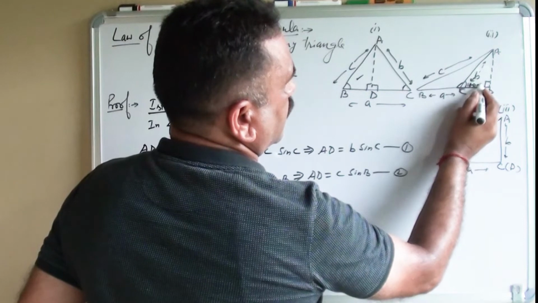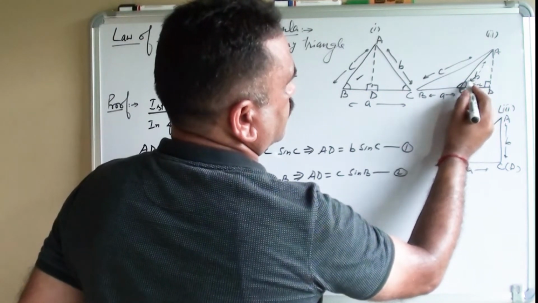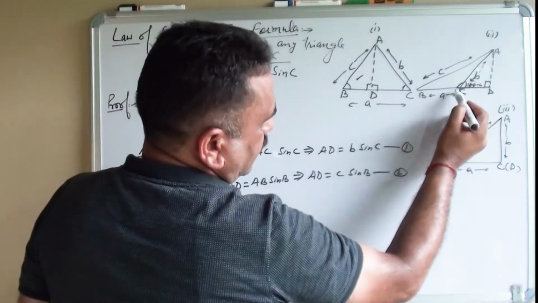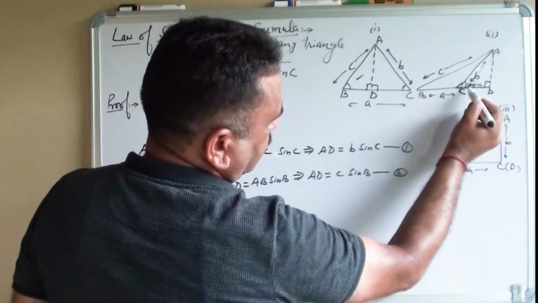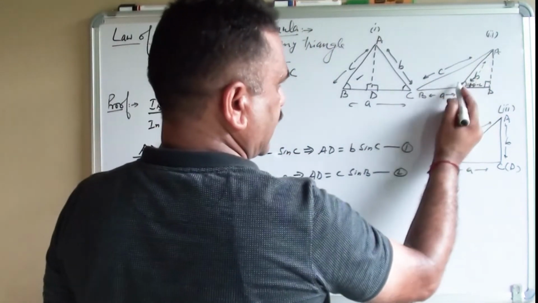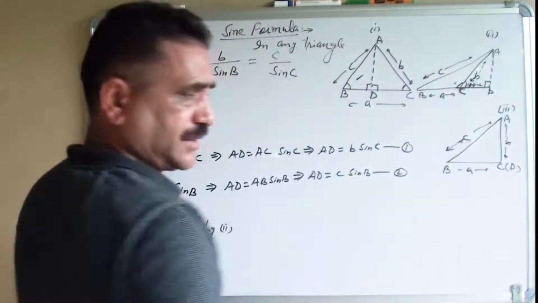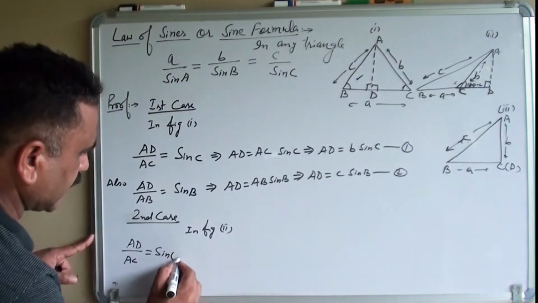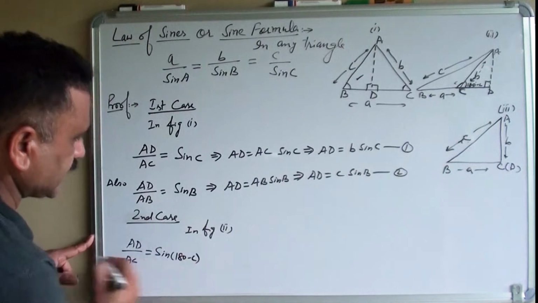This will be 180 minus C. This is a linear angle, a straight angle is 180, so this angle is C, and obviously this one is 180 minus C. So this is sine of 180 minus C.